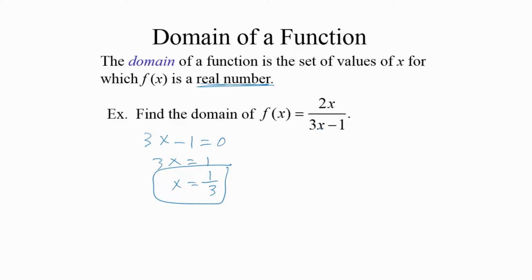So we say the domain of this function is anything from minus infinity all the way to 1/3, except for 1/3, so I put parentheses, or, again, anything from 1/3, except for 1/3, all the way to infinity.